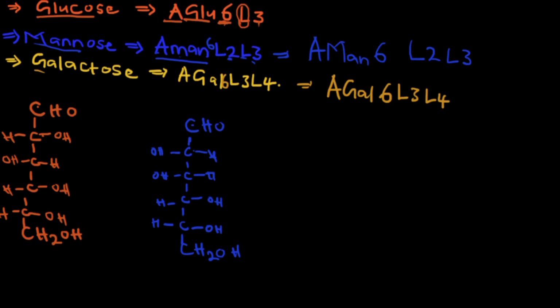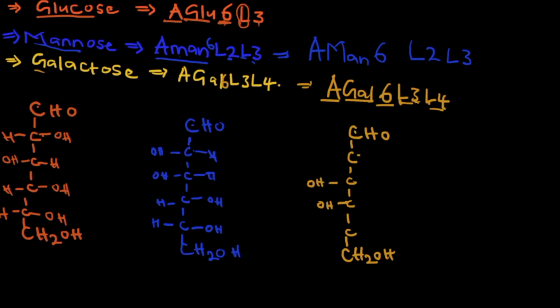So let's write A. I'll have my aldehyde backbone already. First and last carbon are always the same. Then gal tells me I'm dealing with galactose. It has 6 carbon: 1, 2, 3, 4, 5, and the next one attached. Then the position of difference is L3, L4, meaning left in carbon number 3 and left in carbon number 4. So I have 1, 2, 3, and it's OH to the left, carbon number 4 OH to the left, and then all the remaining are to the right.